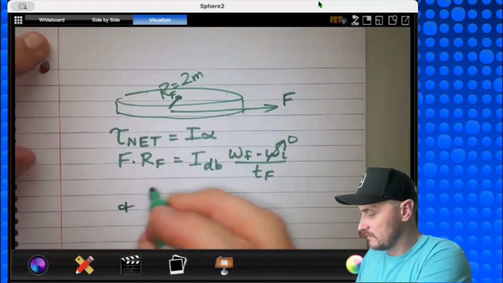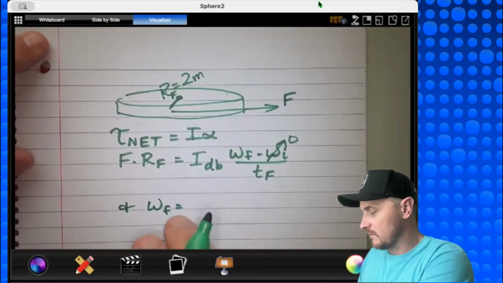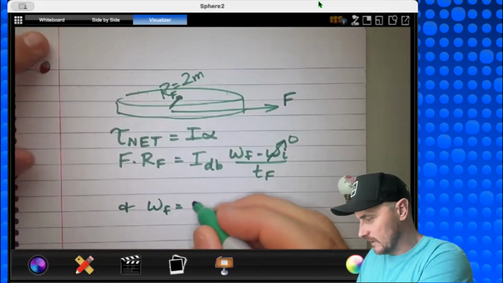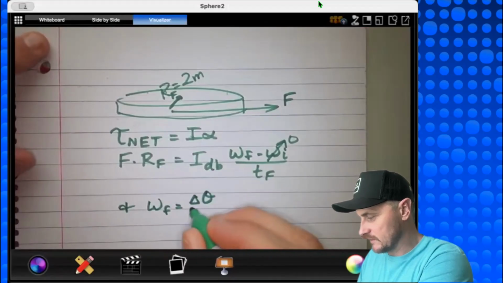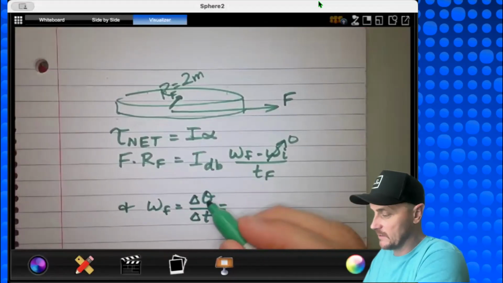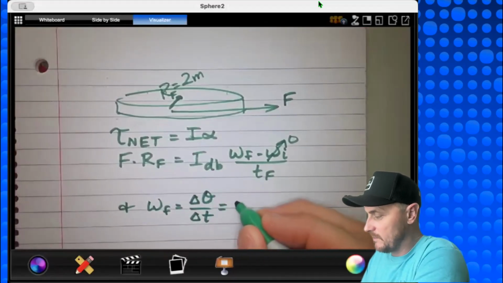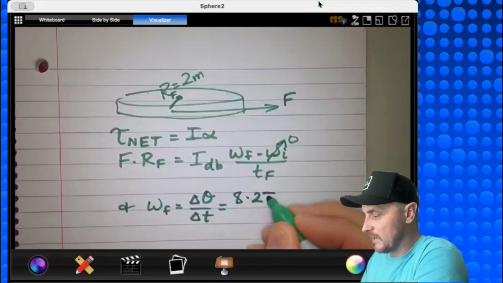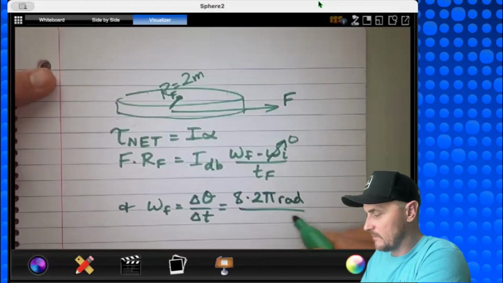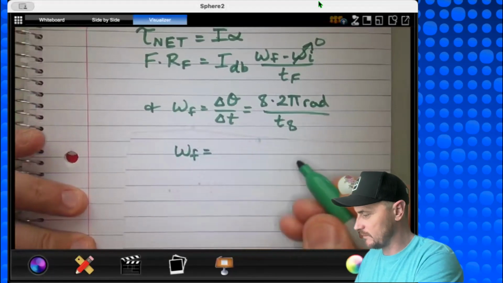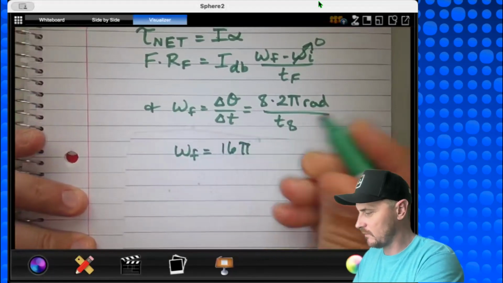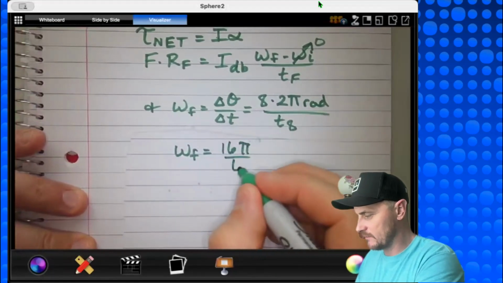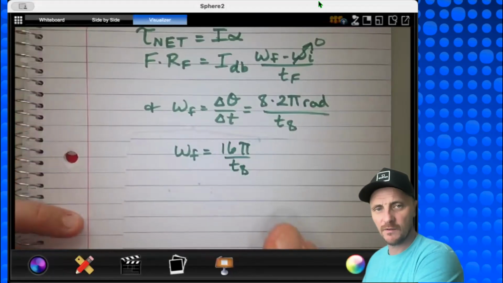Omega final would be equal in this case to the average angular velocity, which we know is just delta theta over delta t. And delta theta in radians would be 8 times 2 pi radians divided by the time of 8 revolutions. So the next version of this would be just 16 pi, and we'll leave off the radian, we don't need to consider the units right now, over T_8.